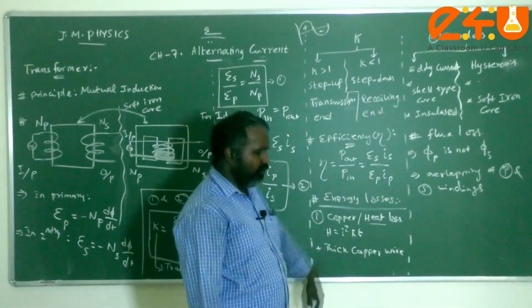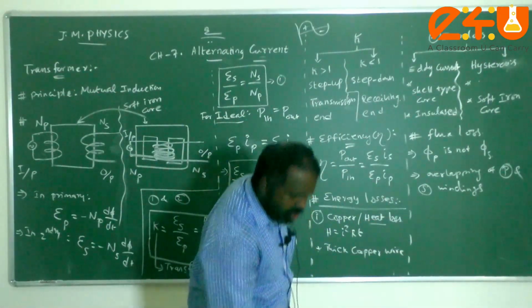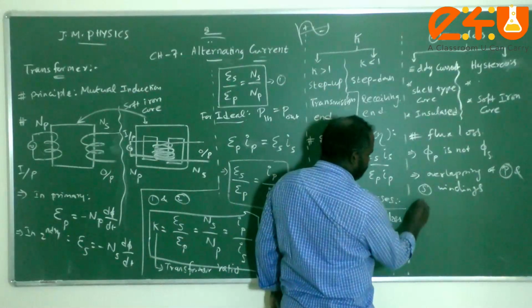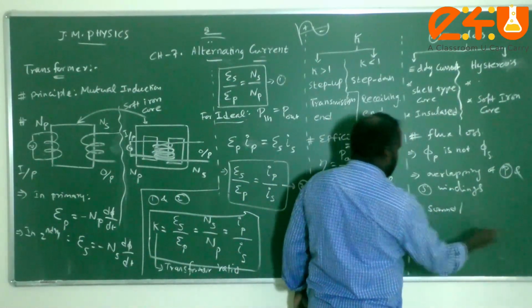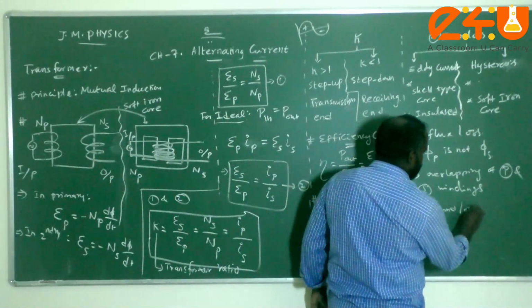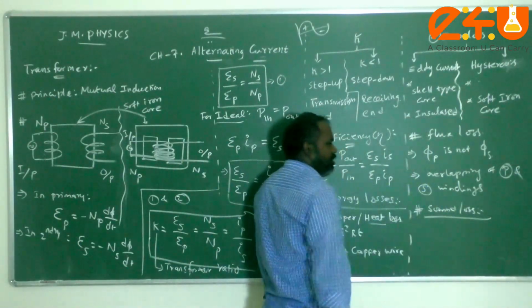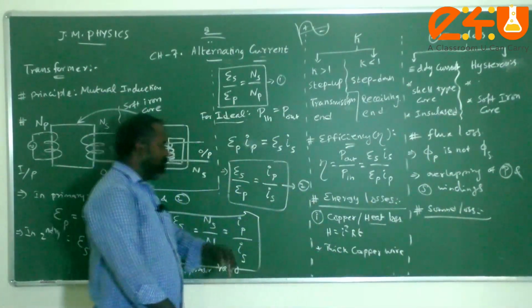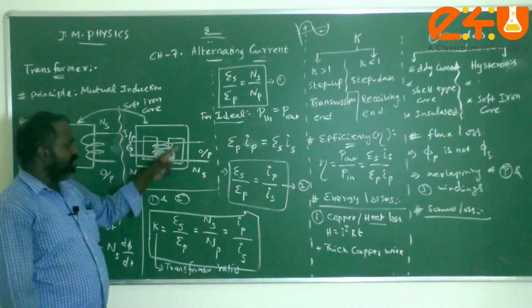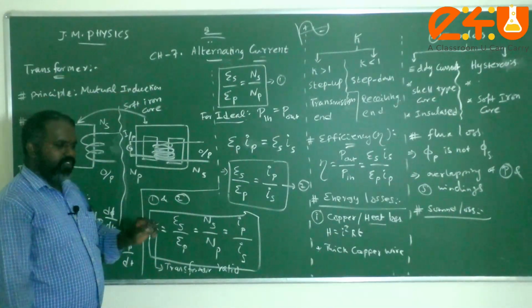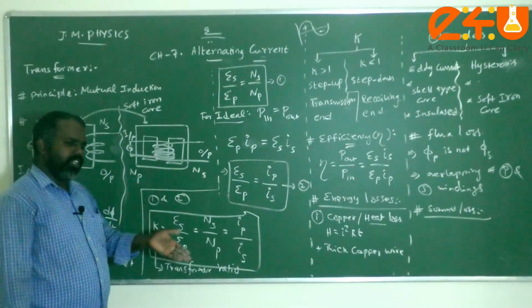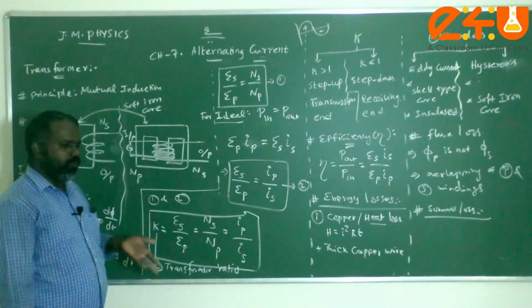Yes, this is another one. The last energy loss in the transformer is sound loss, the sound or vibration of the core. I can simply call it sound loss. Due to the eddy current produced in the core of the transformer, we know that whenever a current carrying conductor is placed in a magnetic field, it experiences a force. Due to that, what will happen?